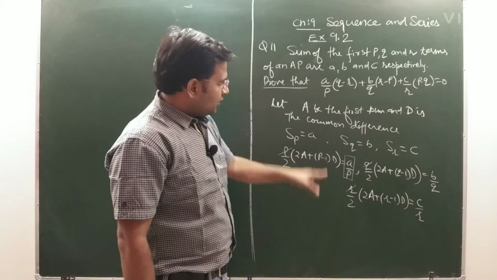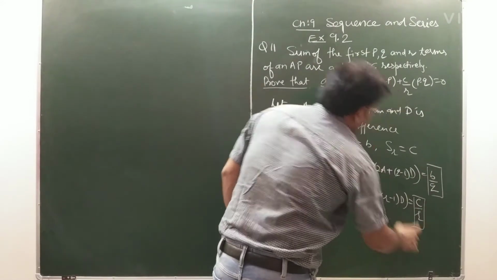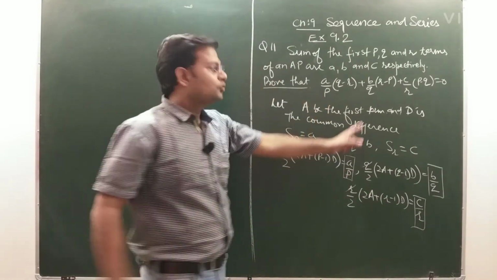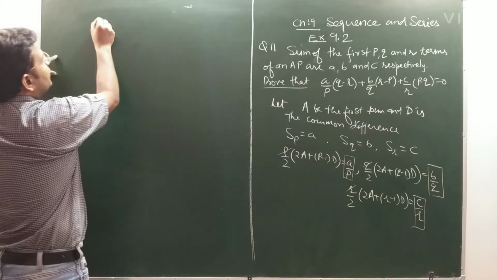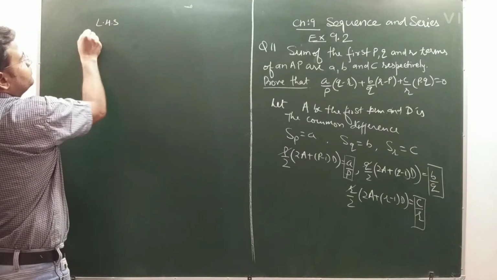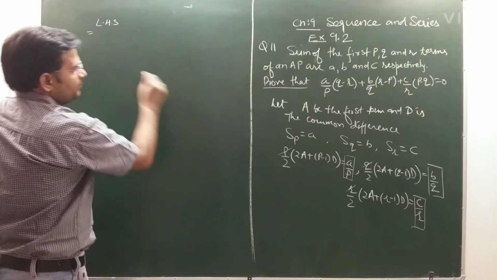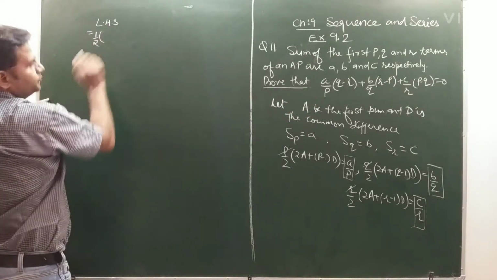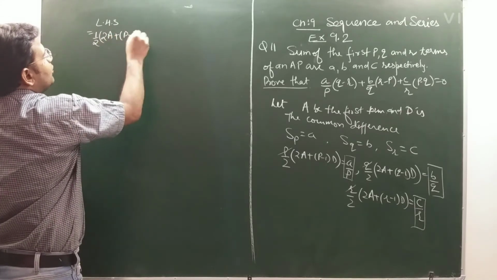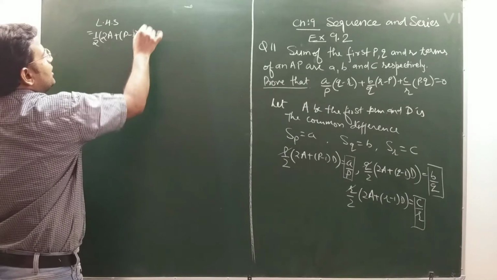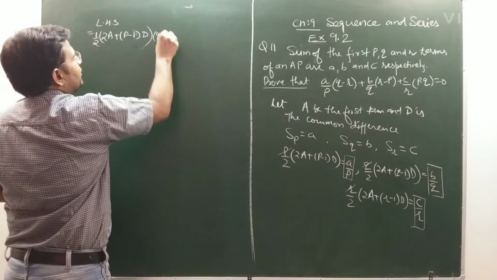Now we are going to put these values in the LHS of what you have to show. So now we are just doing this side. So we are writing here LHS. So in LHS you can directly put all the values. a by p is 1 by 2 (2A plus (P minus 1)D), and this is (Q minus R).